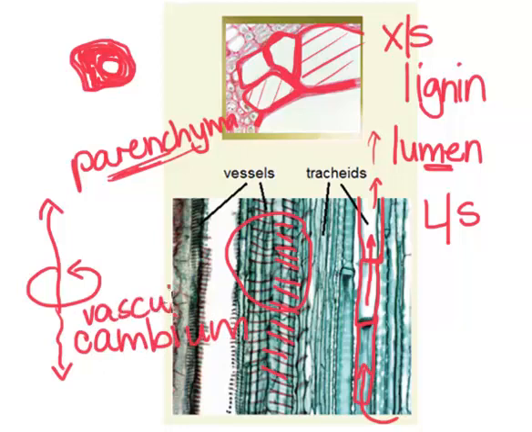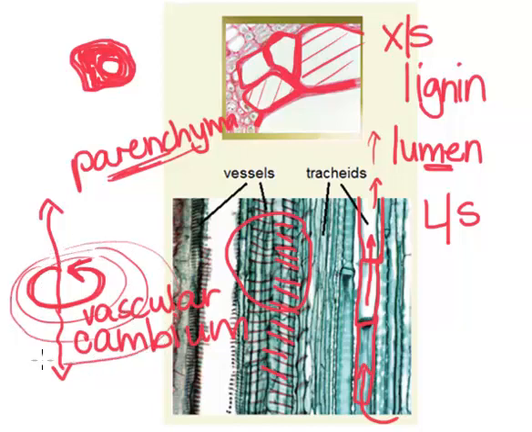Vascular cambium lays down new xylem and new phloem in order to make the plant wider and wider, and each year a new layer of xylem and phloem can be laid down, and what we see developing in plants, particularly in large trees, is what we call annual rings, which are the rings of xylem that are laid down each year.